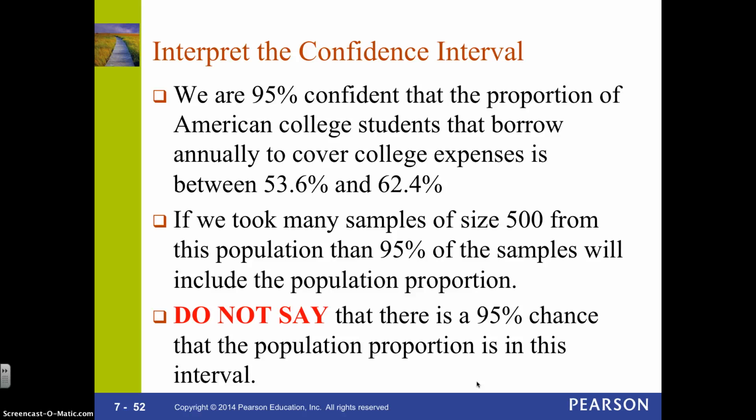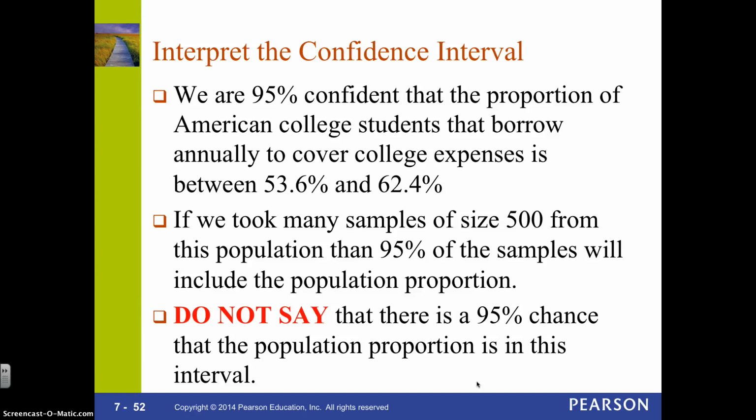So we are 95% confident that the proportion of American college students that borrow annually to cover college expenses is between 53.6% and 62.4%. If we took many samples, they all have to be the same size, so all of them have to be size 500 from this population, 95% of the samples will include the population proportion.